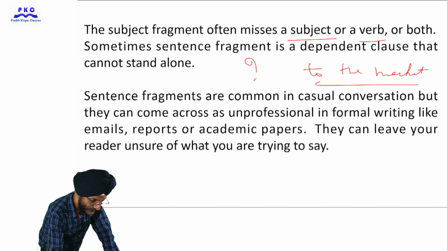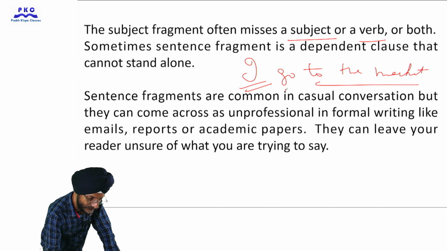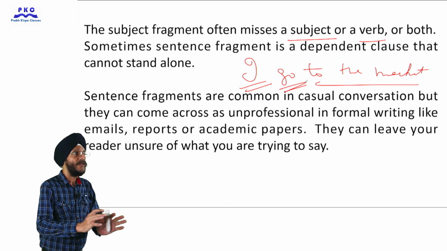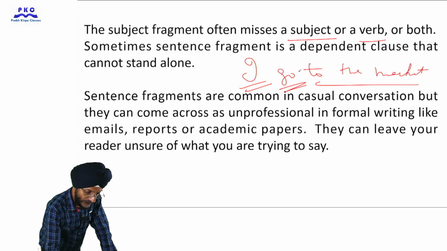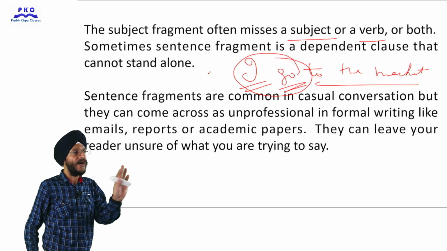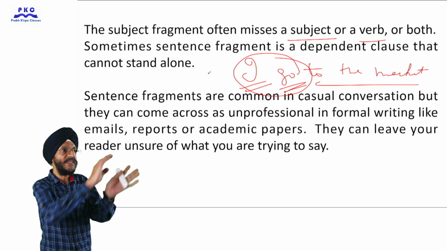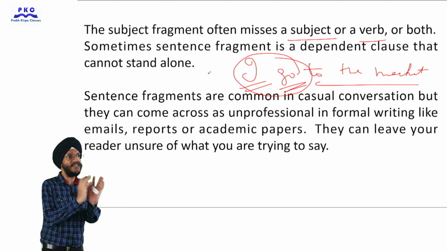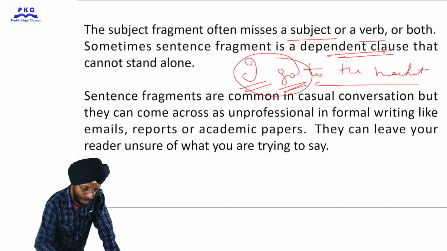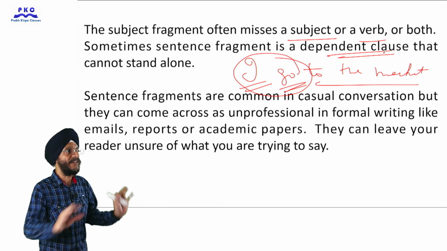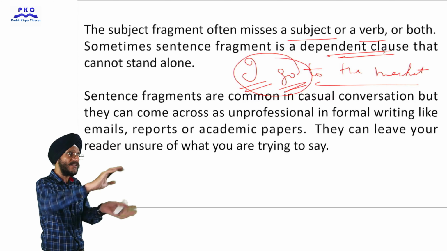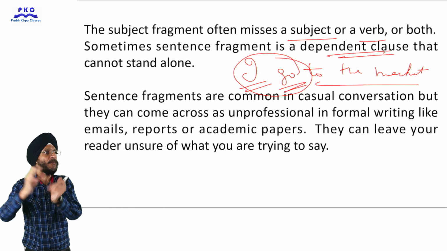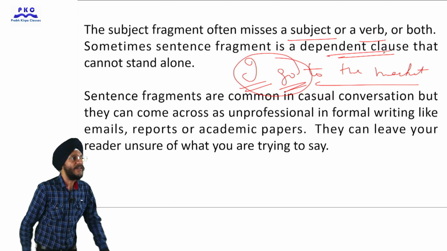If we say "I go to the market," I is a subject, go is a verb. If both of these are missing, it means that subject as well as verb is missing. Sometimes a sentence fragment is a dependent clause that cannot stand alone. We will discuss all in detail with the help of examples later on.